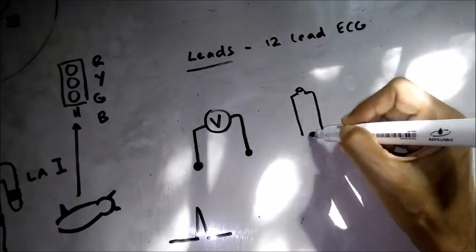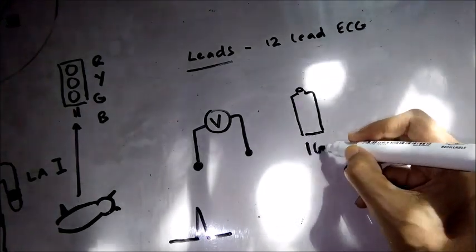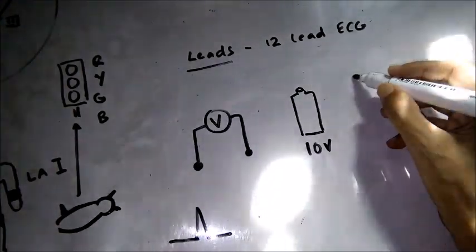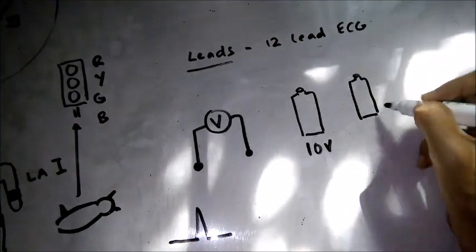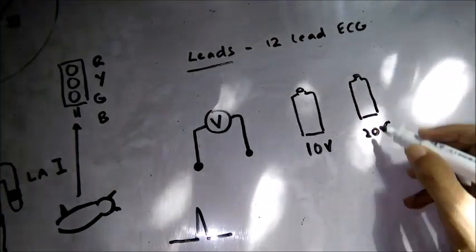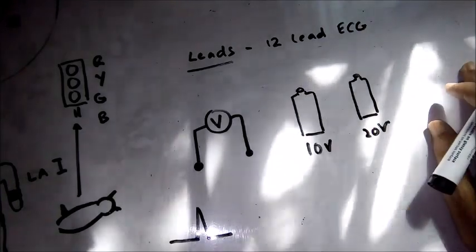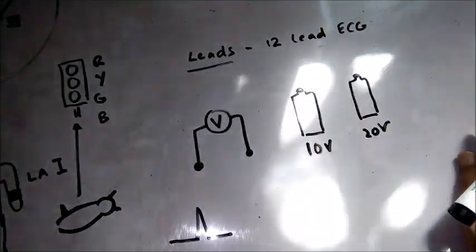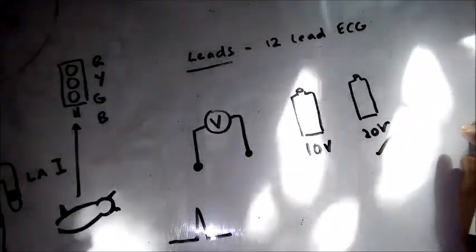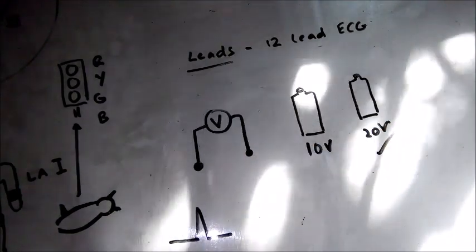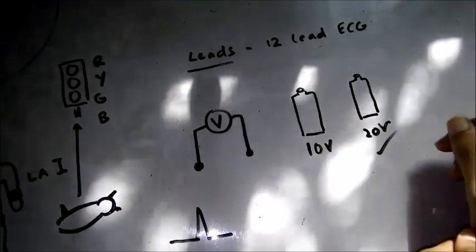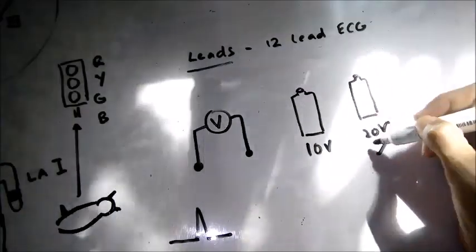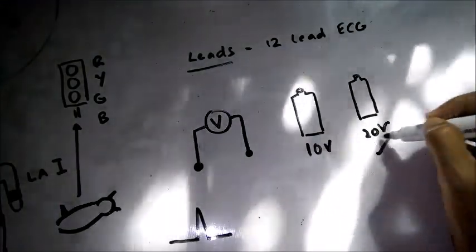For example, you have a battery that says it's a 10-volt battery, and then another battery which is a 20-volt battery, right? If I asked which of these two batteries is stronger, you would go for battery number 2, because it has 20 volts. In basic terms, it means there is greater separation of charges, so that's why this is a stronger battery.